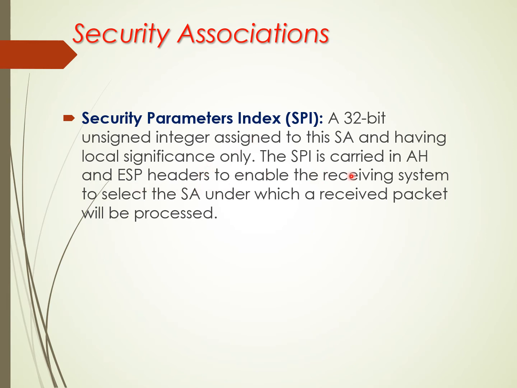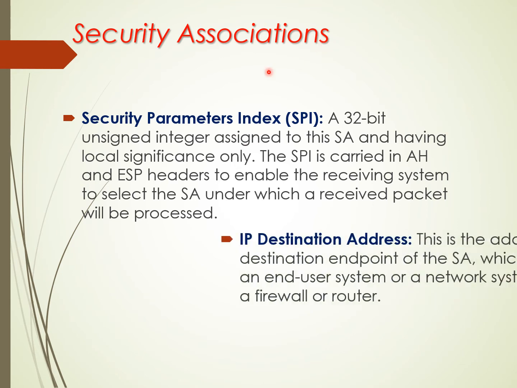SPI will be carried along with the AH; it is inside the AH and ESP headers. It enables the receiving system to select the security association in order to process the packet. So once the packet is received by the receiver, you need to process it. It's one parameter associated with the security association.